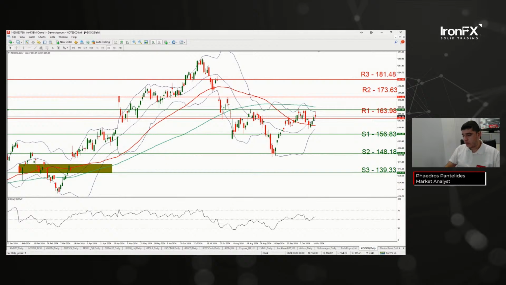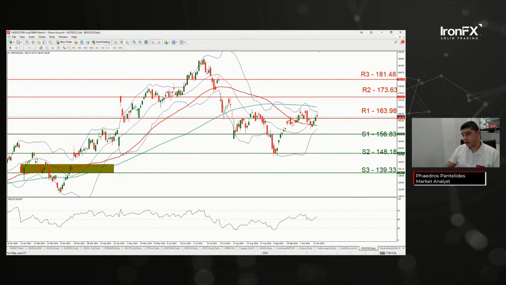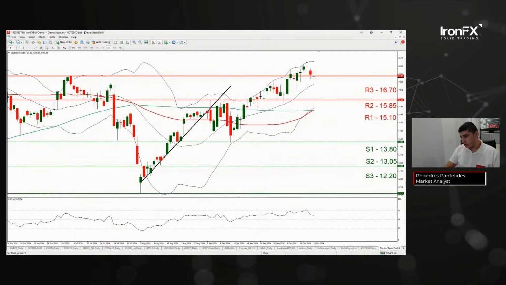Then I might be more persuaded that it could reach close to 173.63. But you can see high, higher low, moving higher, needs to clear 167.84, and then I would be maintaining a bullish outlook for the company stock price up until 173.63. Deutsche Bank moving higher.